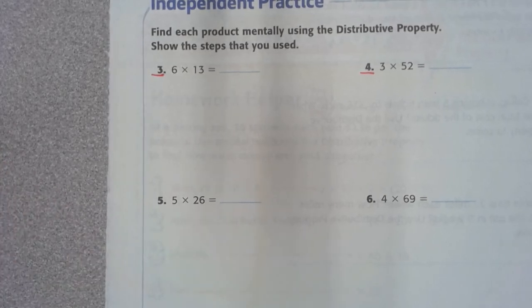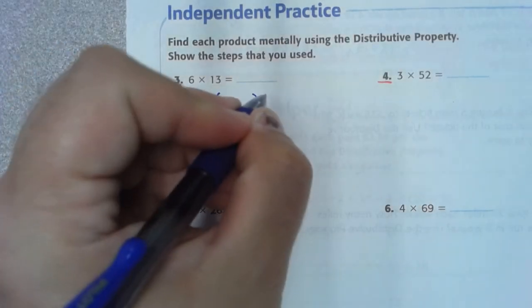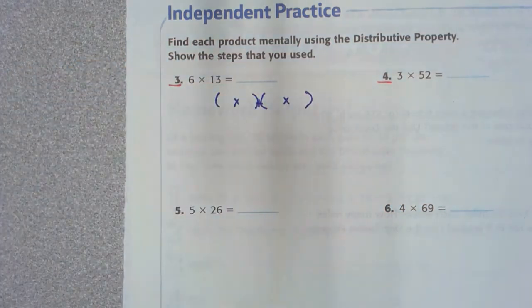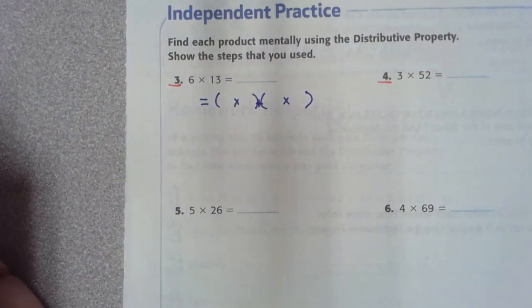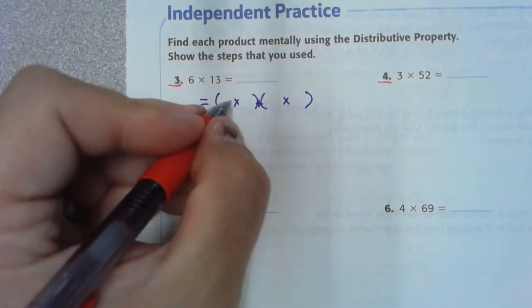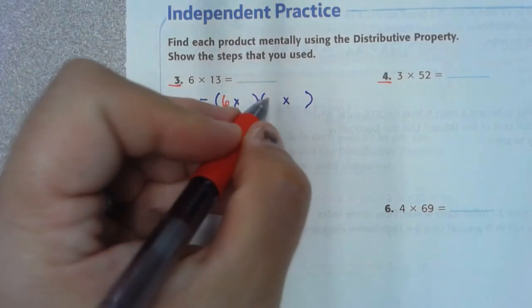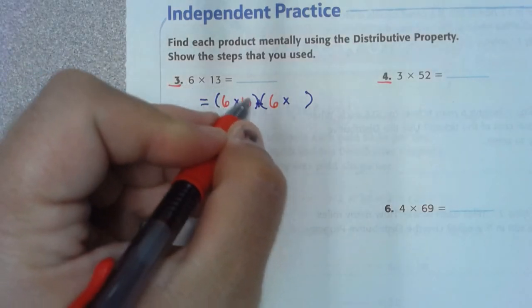All right, so who wants to help me with this problem here? All right, Ireland, what do we do first? Make the owl thing. Gotta put a plus there. All right, now what?